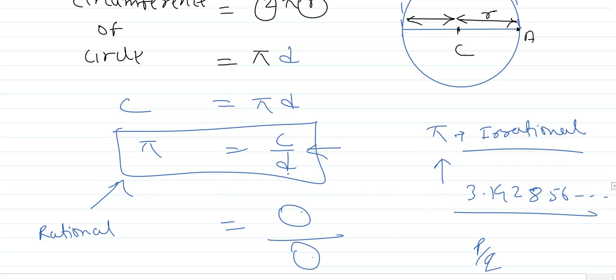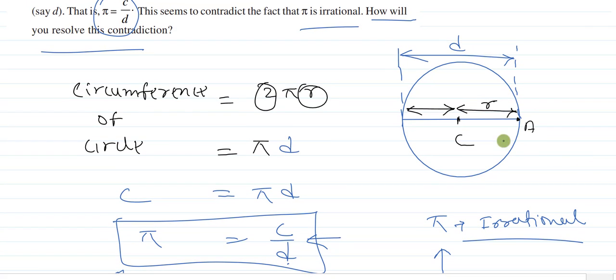The explanation is that when we try to measure the length of the circumference or diameter with the help of a scale or tape, it will be an approximate measurement. Why? Because if the length is 3.16789 centimeter, can you measure it with your scale? No, it will be approximated.